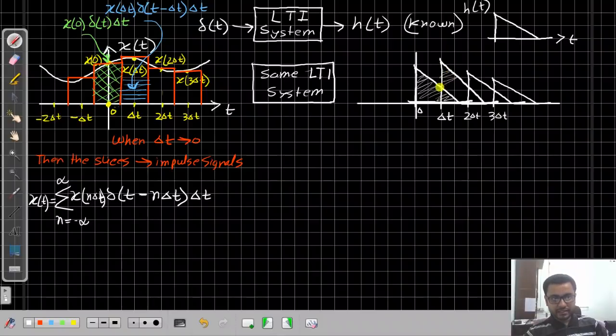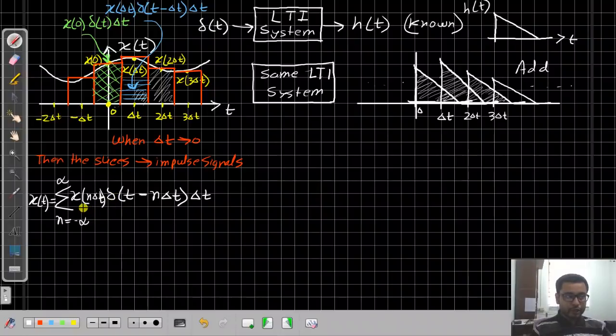Similarly, this part is the output for this part of the input. Next, this part of the output corresponds to this part of the input, and so on. After that, you have to add all of them. That you can add yourself.